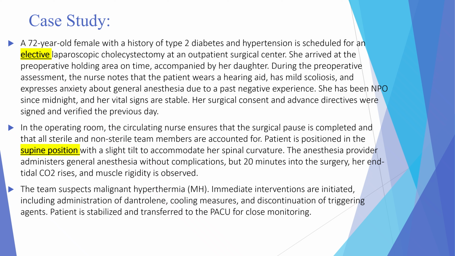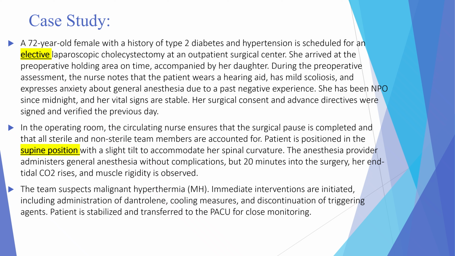So why have it now? But it might happen. She has been NPO since midnight, and her vital signs are stable. Stable, and in many places it says what stable means, like within normal ranges. I should correct that, within normal ranges. Her surgical consent and advance directive were signed and verified the previous day. So she was there the previous day, so why still having those thoughts?